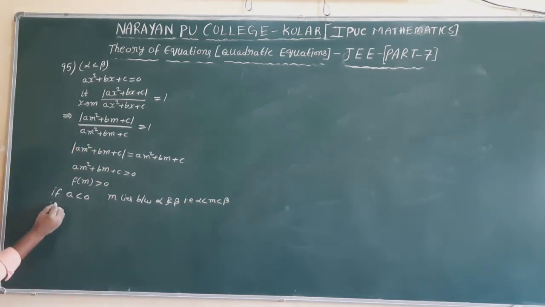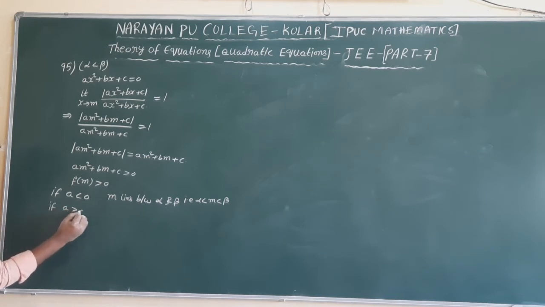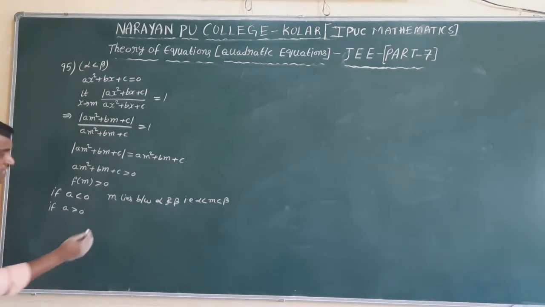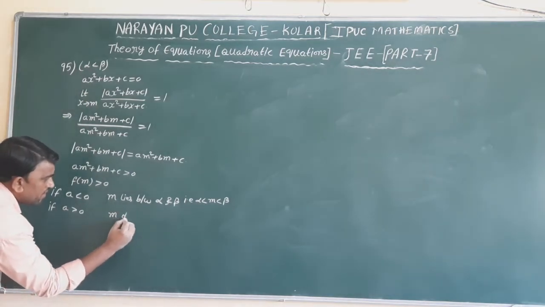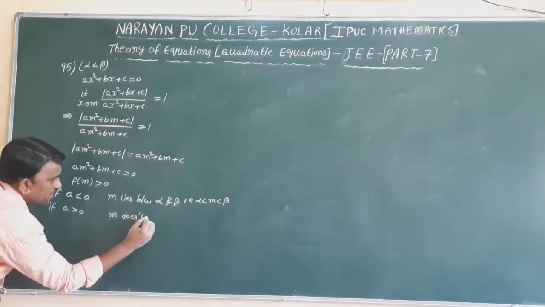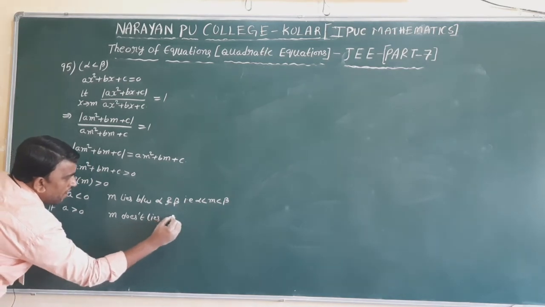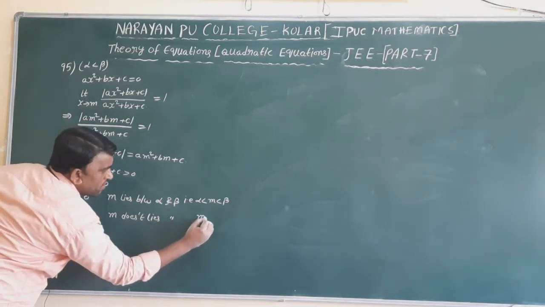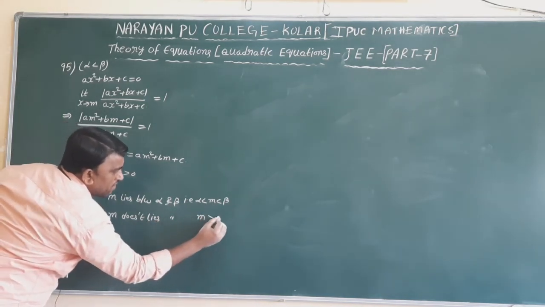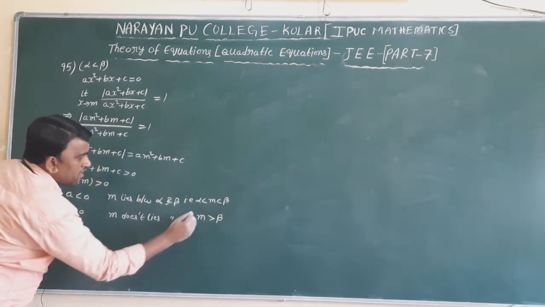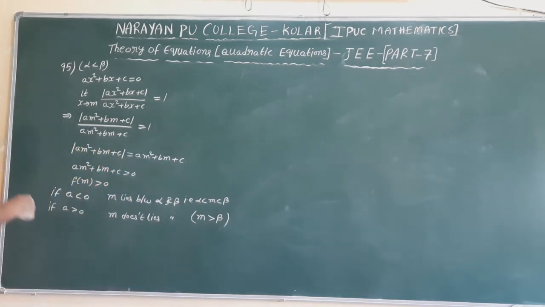If a is greater than 0, the value does not lie between alpha and beta, that means m is greater than beta, more than the roots.